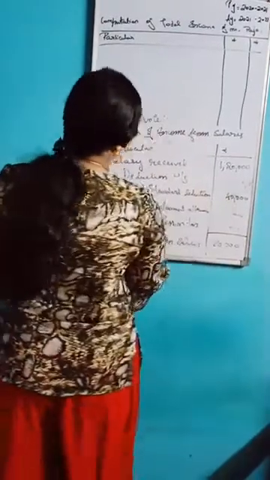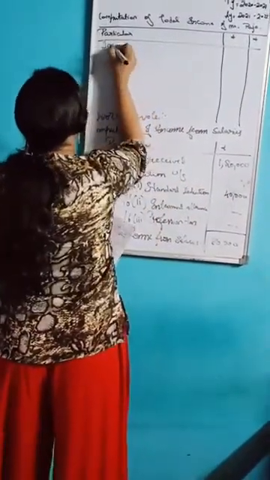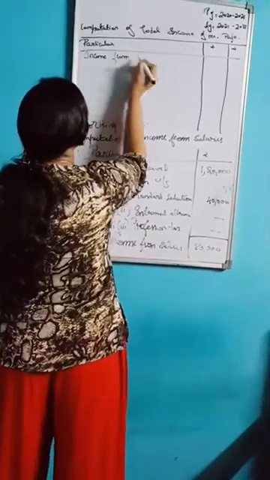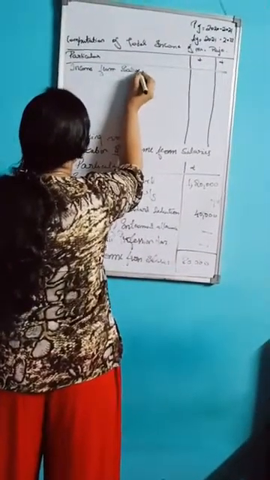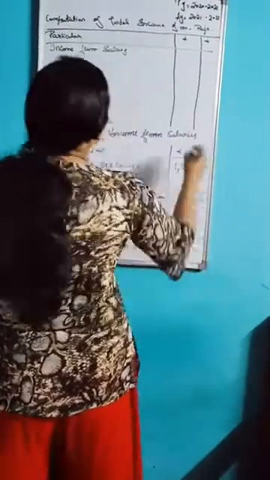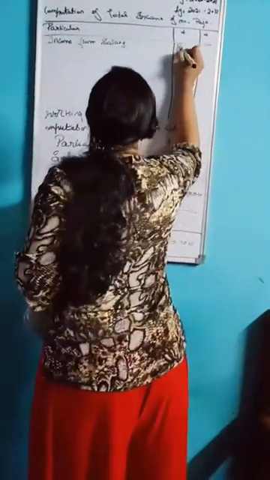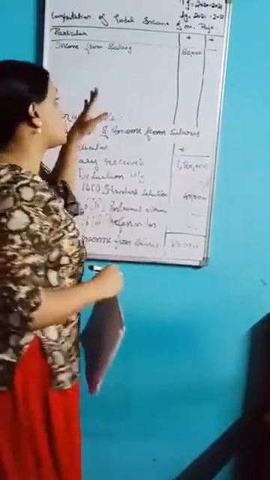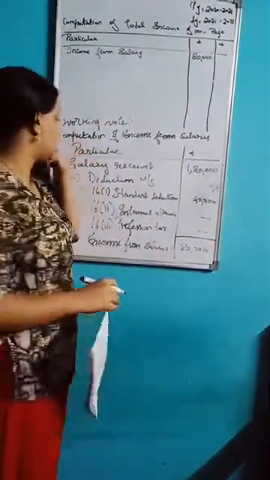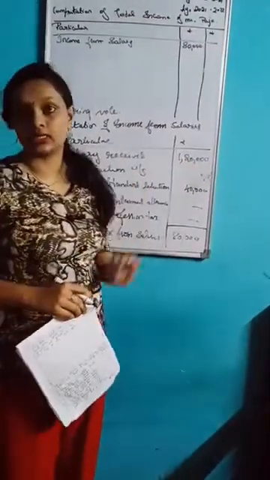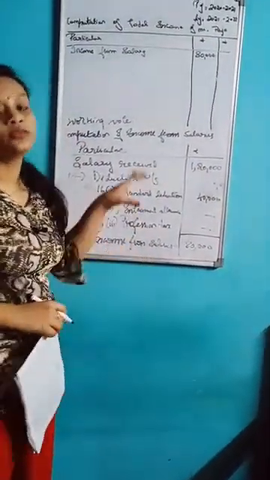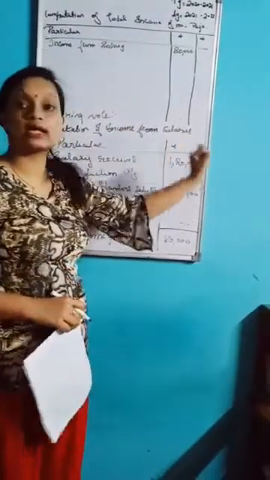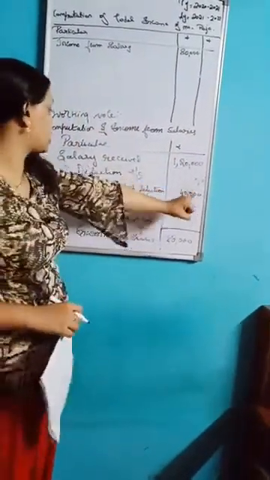So here income from salary, that is 80,000, right here 80,000. So here the question has given salary received, that is 1,20,000. So you should calculate the format, that is computation of total income and computation of income from salaries, particular and amount column.